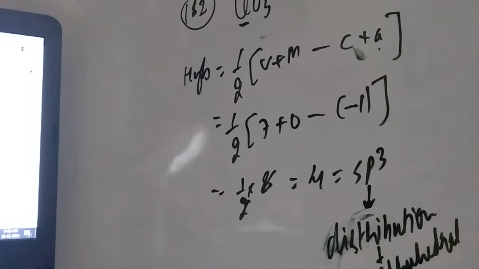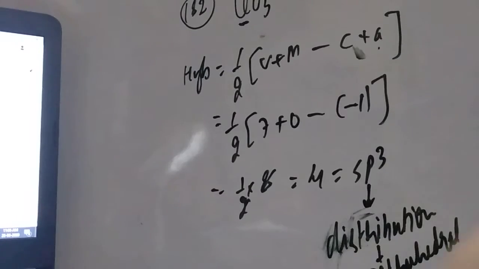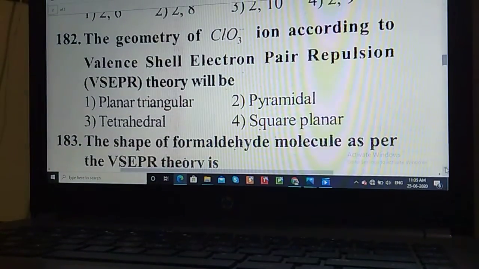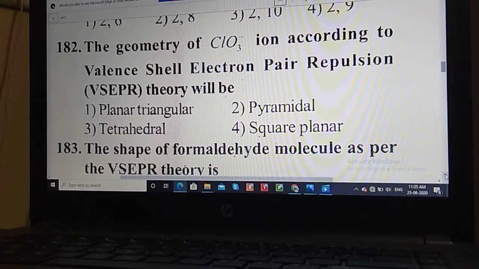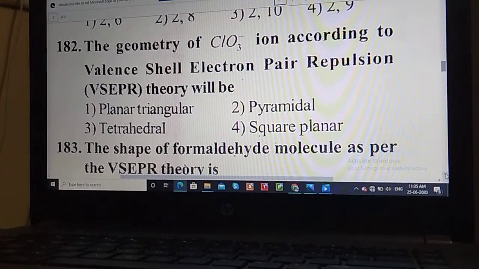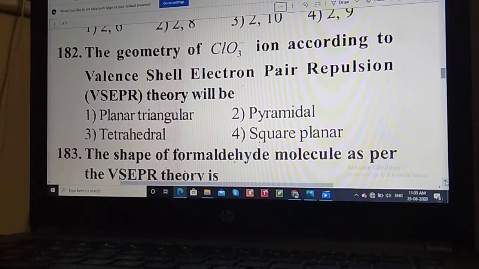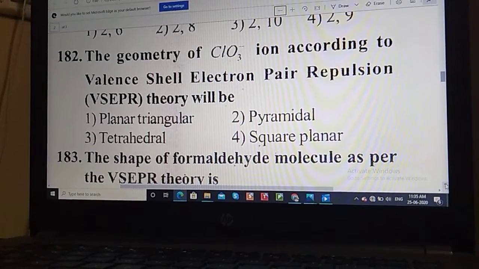So if you talk about 182, the correct answer will be the geometry, that is option number 3. You can check with the option, student. The geometry of ClO3 minus ion according to valence shell electron pair repulsion theory will be tetrahedral, student. Okay, and if they are asking the shape, student, the shape will be pyramidal.